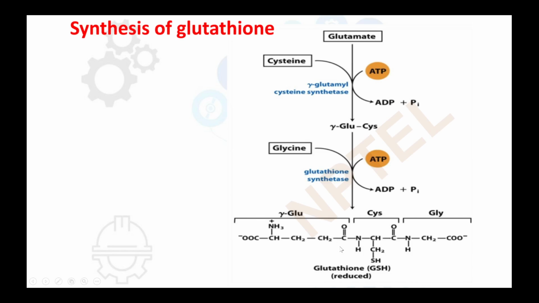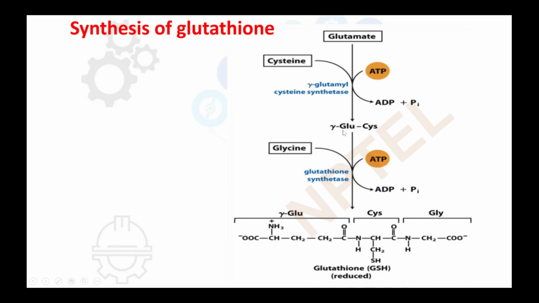So the free SH group is due to the reduced form of glutathione. And this glutathione helps in the transport of different amino acids across the membrane that I've explained in the previous session already. Glutamate becomes gamma glutamyl cysteine by the incorporation of one cysteine by the enzyme gamma glutamyl cysteine synthetase.